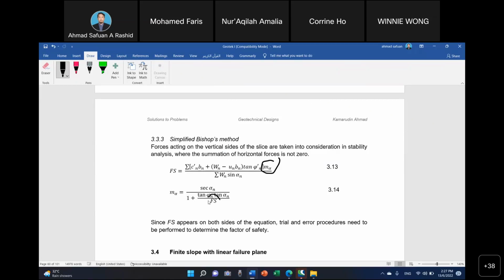This m alpha value is located on the right, and there is a factor of safety, to be calculated based on the assumption of the factor of safety on the right. Since Fs appears on both sides of the equation, a trial and error procedure needs to be performed to determine the factor of safety. So that is the procedure for the Bishop method.